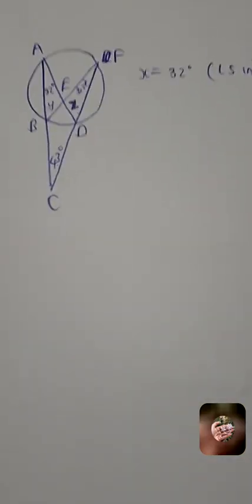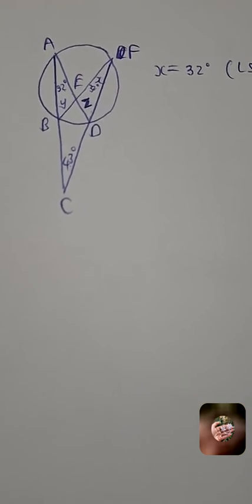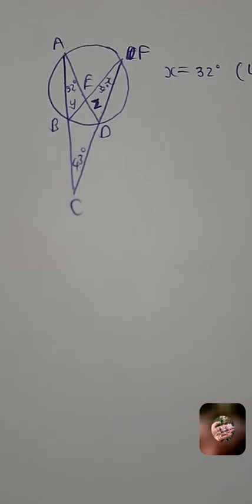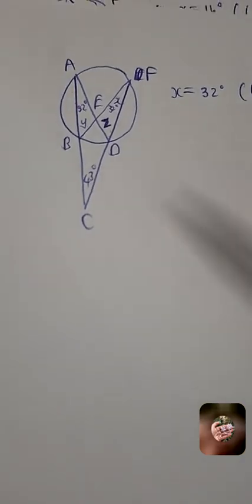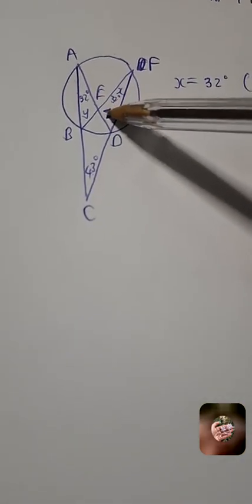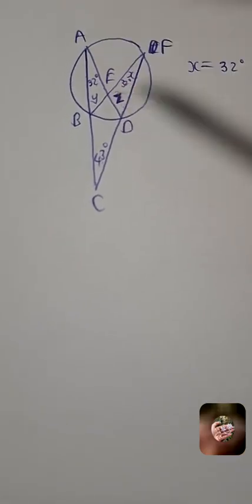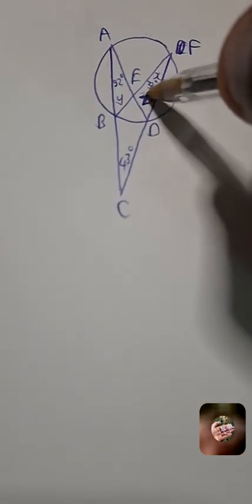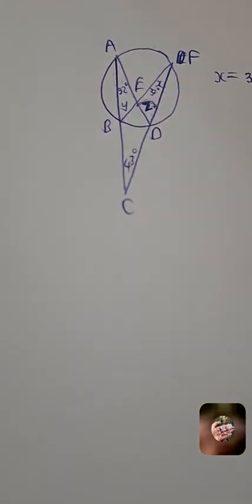You see in the comment section, someone is saying Z is the sum of A and C. Can you relate to that? Remember, Z is this angle. Is it possible that Z is the sum of A and C?